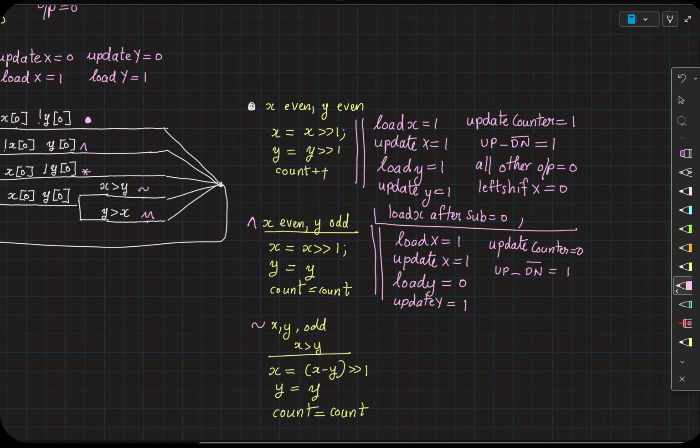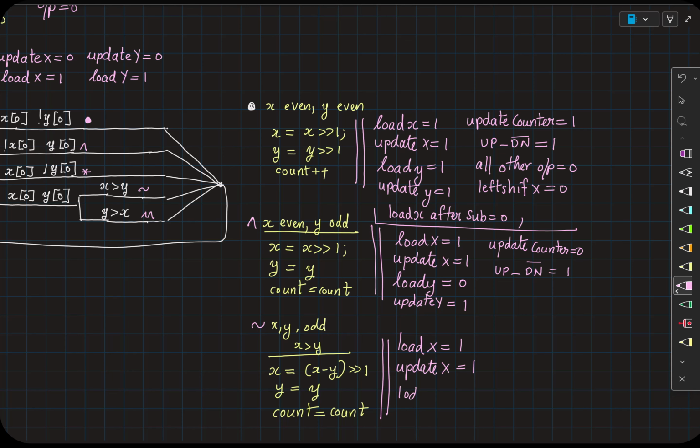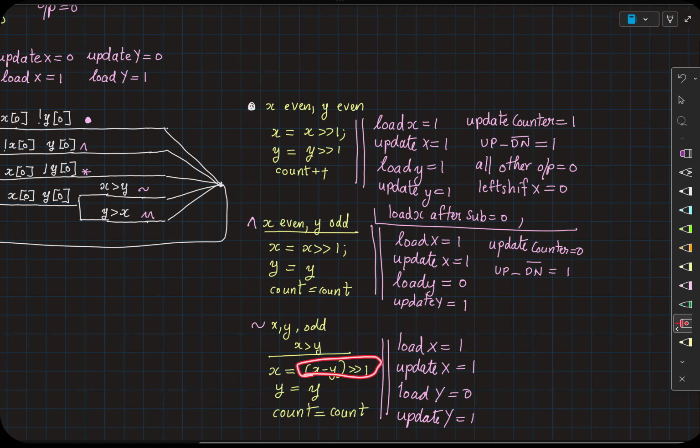Okay. So quickly, load x. Load x should be 1. Update x. Load y. Update y. It could be anything. I'll keep it as 1. Then what else? Because we have something interesting happening here. So what other register? Load is like after subtracting.